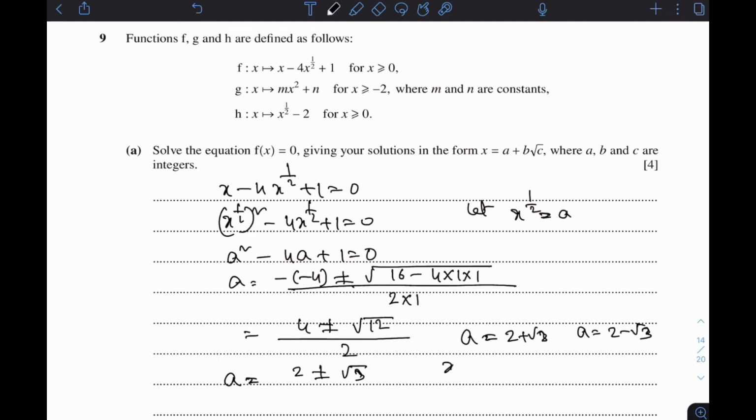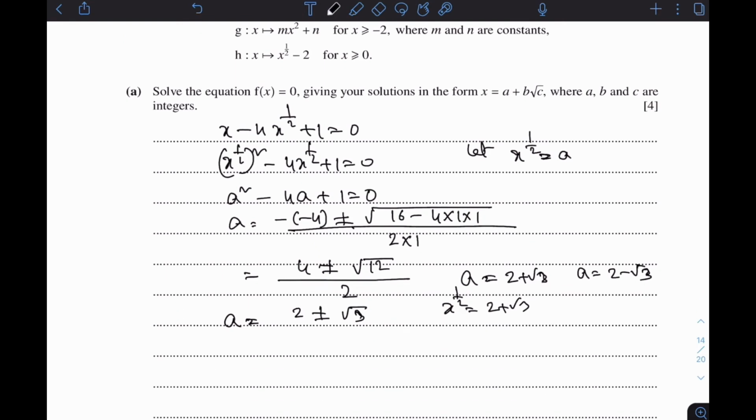Now let me substitute x to the half equals 2 plus root 3. Now let us square this one. So this is 4 plus 2 times 2 root 3 plus 3. So this is becoming 7 plus 4 root 3. Same way, we can write here x to the power half equals 2 minus root 3, squaring, x equals 4 minus 2 times 2 root 3 plus 3.